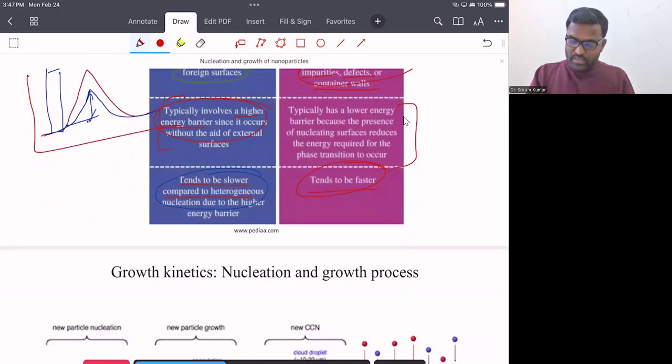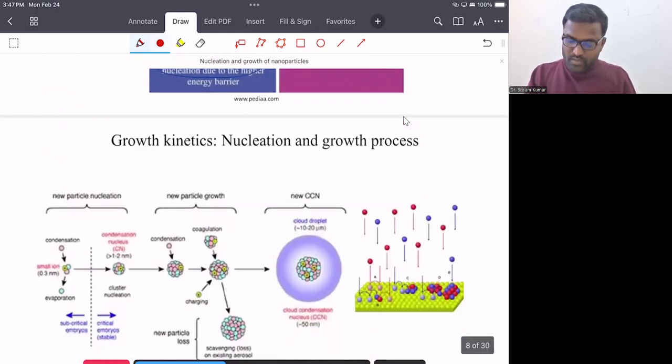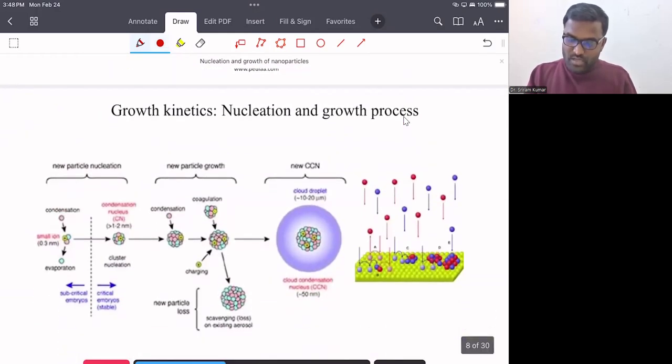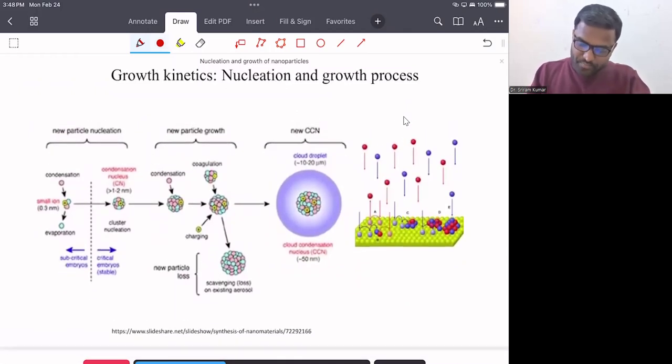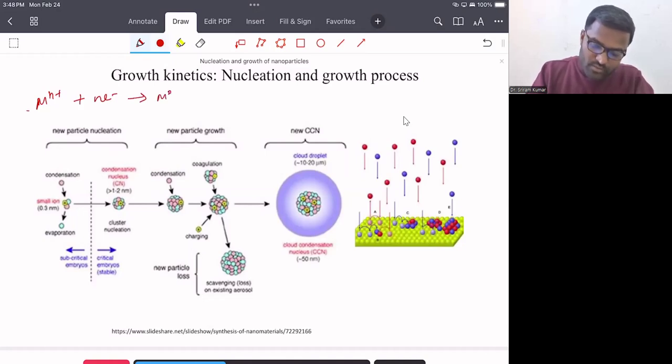So now let's understand what the nucleation process is. Till now we understand that we have metal ions in solution phase, and that metal ion is reduced and forms M0. So this one is in the liquid form, right?